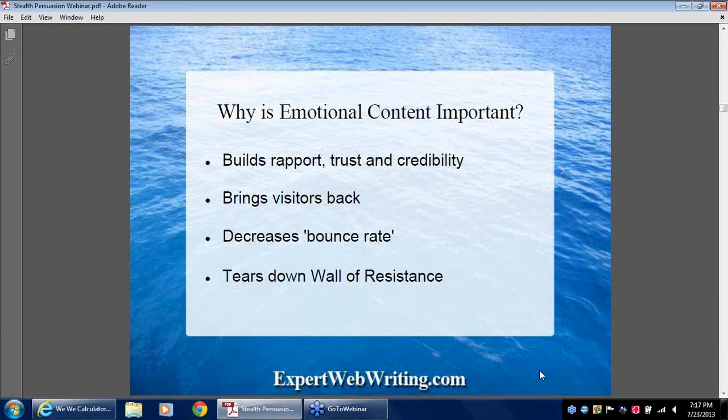Well, when you have emotional content, they stay longer and they get more involved in reading it and more involved in the philosophy that you're teaching. And of course, they stay longer. It also tears down the walls of resistance. If you don't act pushy and you're touching the heart of why they're there and offering solutions, then you definitely can tear down the walls of resistance.